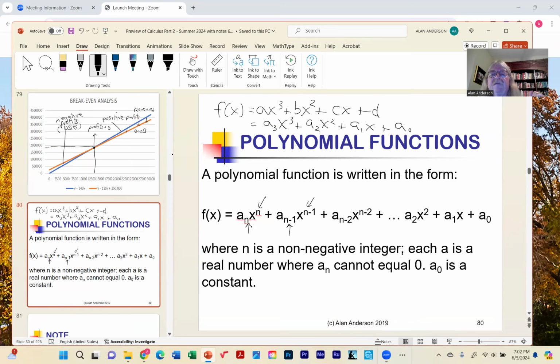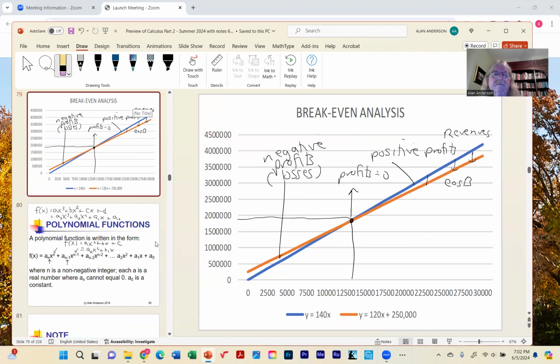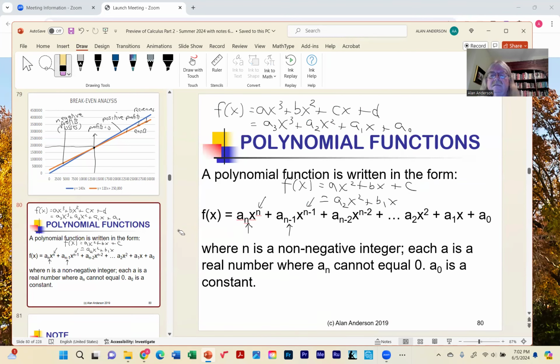And then similarly, a quadratic function, which again, if we wanted to, we could rewrite as a2x squared plus a1x plus a0.